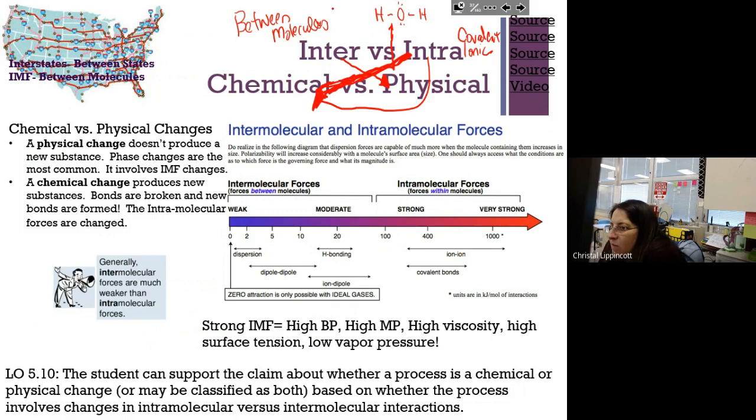If I have another water molecule nearby, and the oxygen of that water molecule is getting attracted to the hydrogen here, and I break this, that is an intermolecular force. That is a physical change. All phase changes are physical changes.